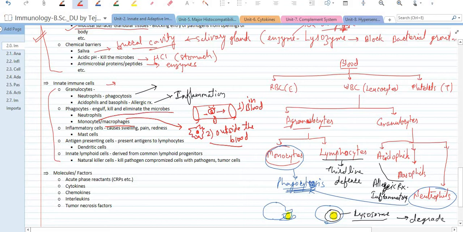So monocytes and macrophages are both phagocytic cells, and they help us by protecting us from pathogens.